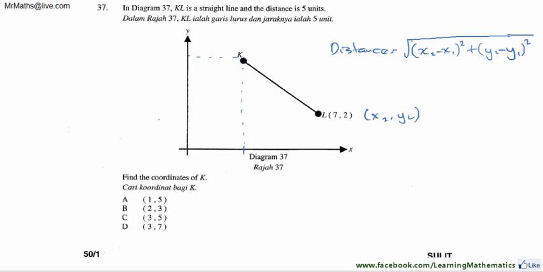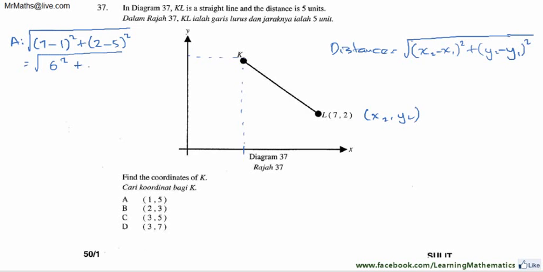So let's test A. I need to have a space. I put it here. So let's test A. Our x2 is 7 minus 1 squared plus y2 is 2. 2 minus 5 squared. So this is 6 squared plus, okay, this number is minus. 2 minus 5 is minus 3, but when you square it, it becomes positive anyway.